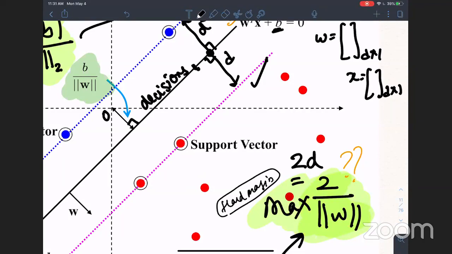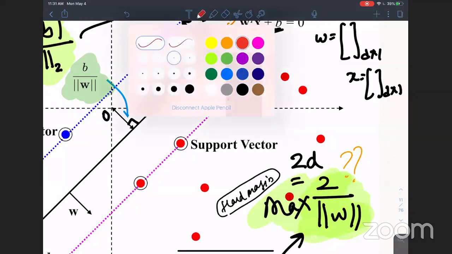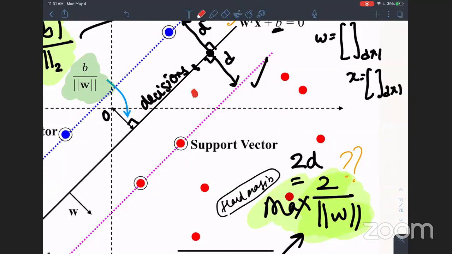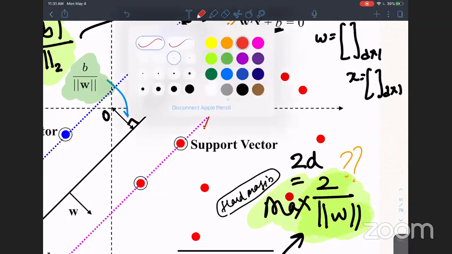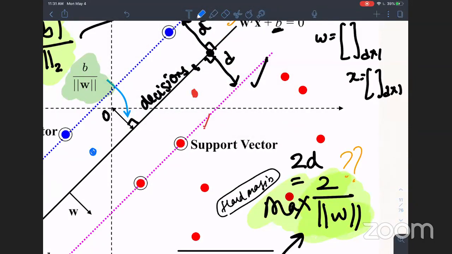We're going to learn a soft margin classifier, where it is okay to have red points here, even though your support vector line is here. It's okay to have blue points here and there.